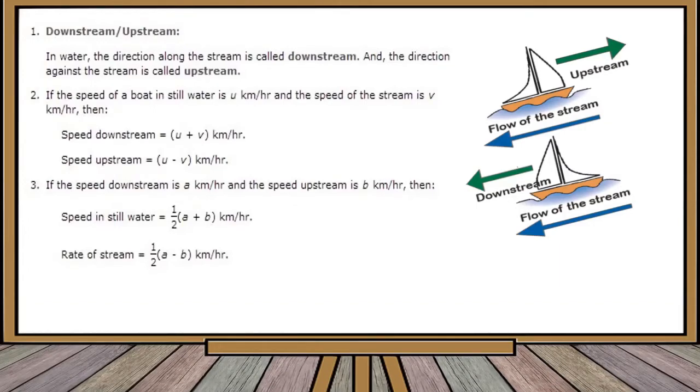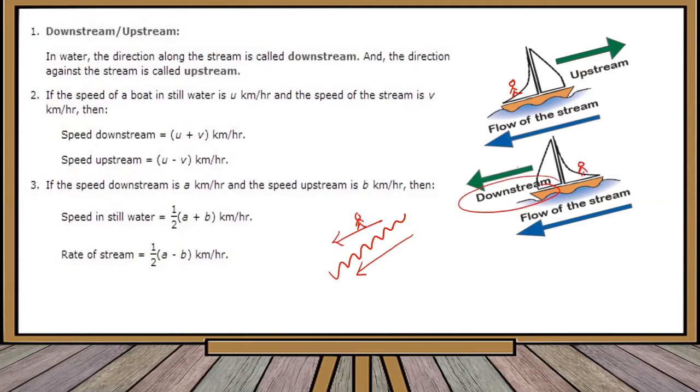Okay. So first of all, in water, the direction along the stream, we know the water flows like this. Now, the direction along the stream. If the water is flowing like this, and consider you're sitting on the boat, you're like here. Now, if you are going along with the stream in the same direction, this is always called downstream, right?